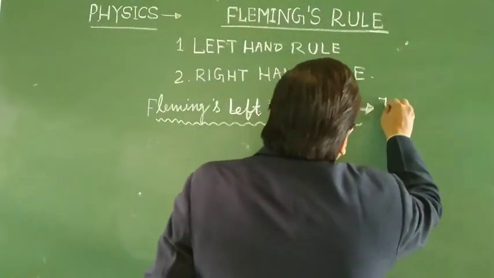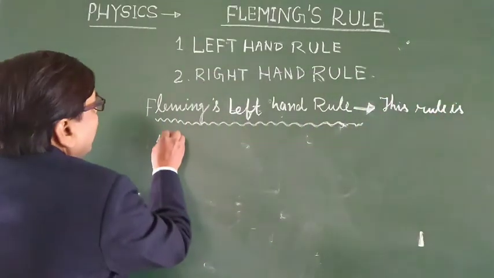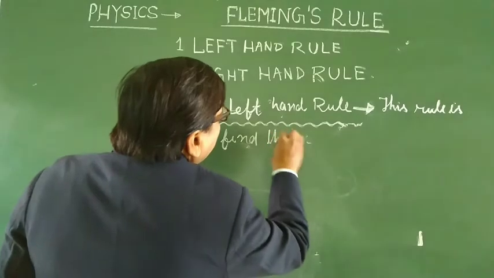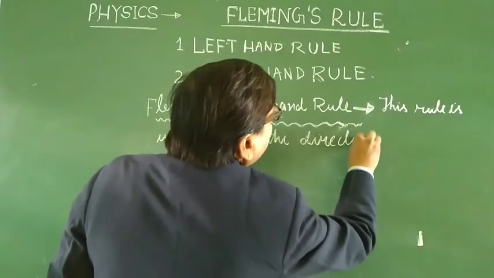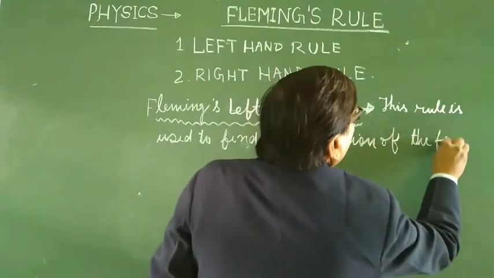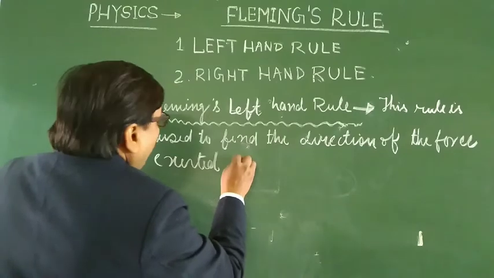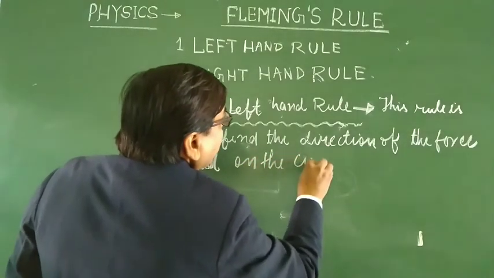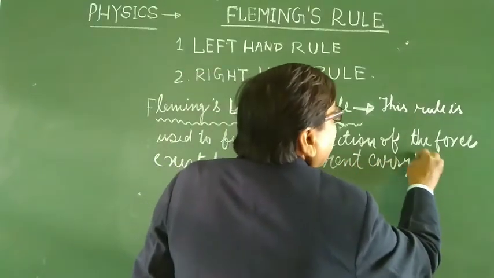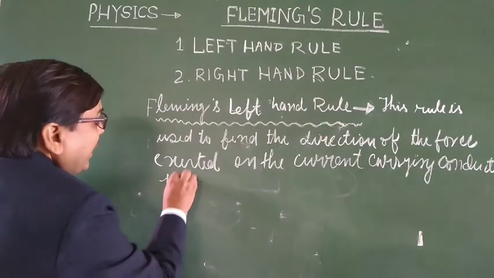So this rule is used to find the direction of the force exerted on the current carrying conductor placed in magnetic field.